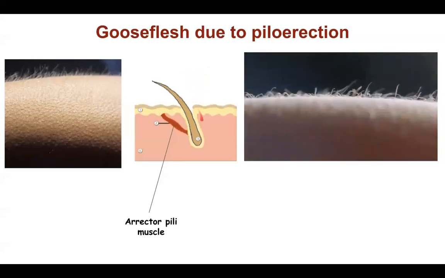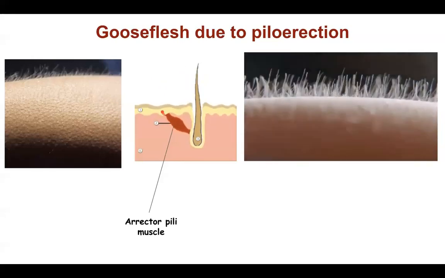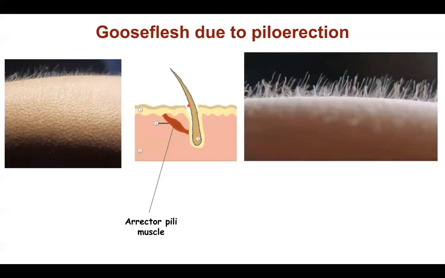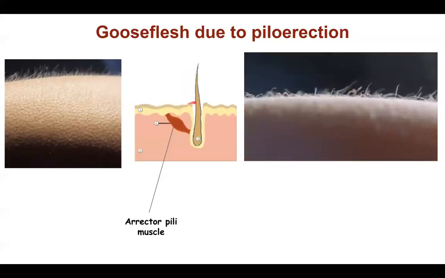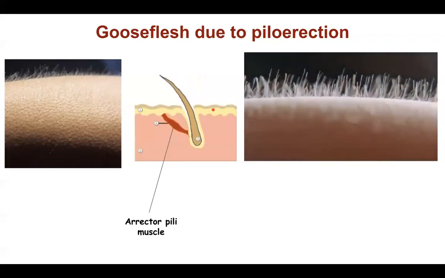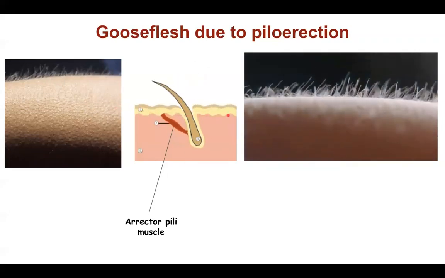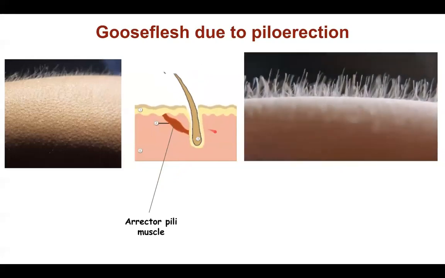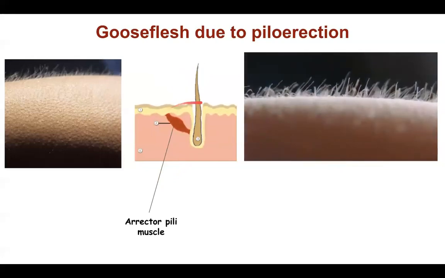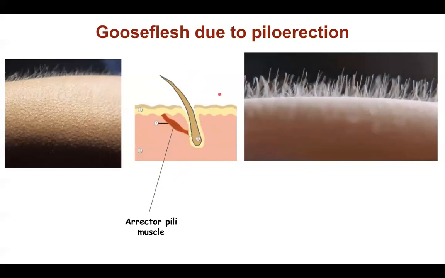When the hair is pulled straight, it will create a little depression in this area, giving the segment where the hair is standing straight a raised pimple-like projection. This is called goose flesh, and it is due to piloerection. Why? Because the erector pili muscle here is contracting and pulling the hair straight. Since the hair is pulled straight, we say it's due to piloerection. That means body hair stands straight.